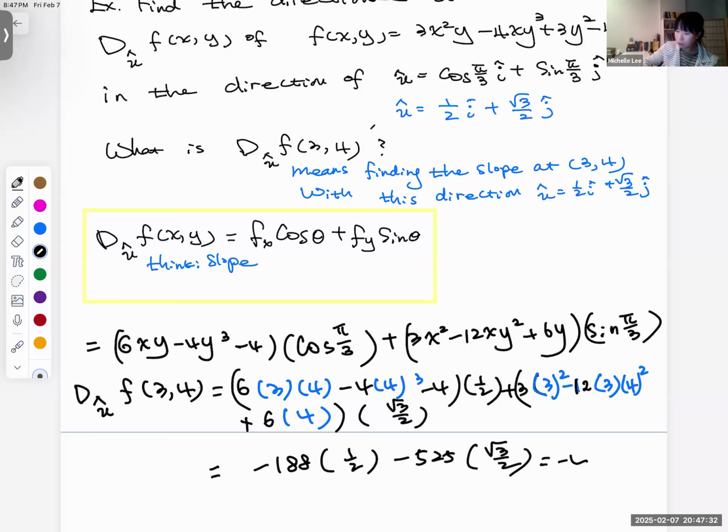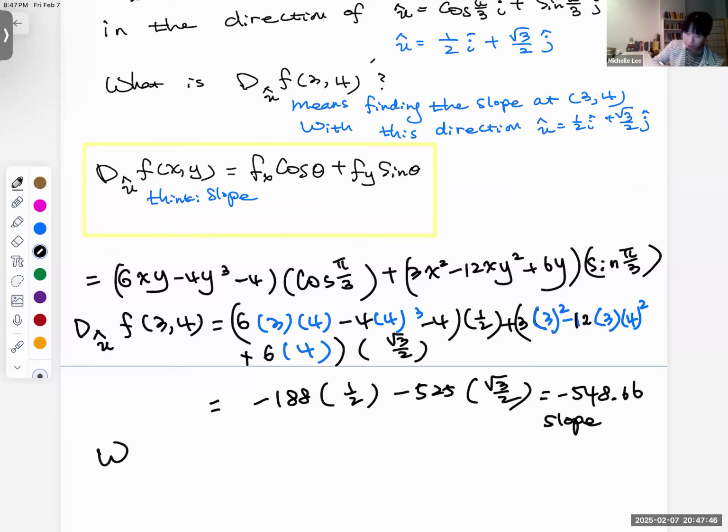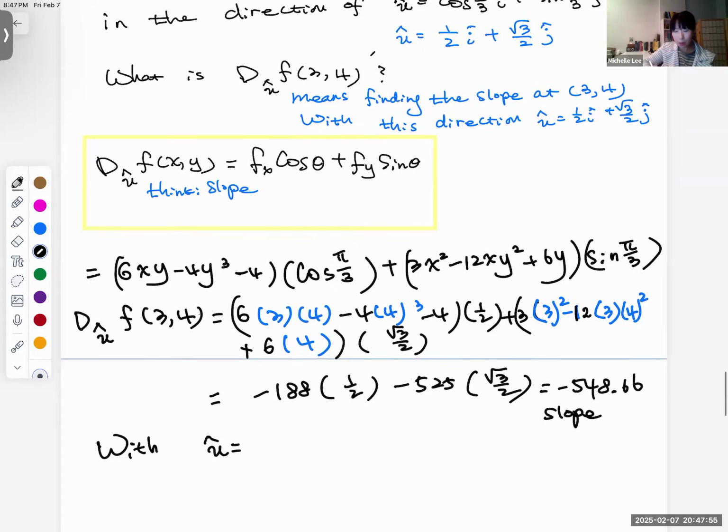So that would be negative 548.66. This is a slope, right? Slope. And which direction? This direction, which is cosine pi over 3, which is 1/2 in the i direction plus square root of 3 over 2 in the j direction, right?